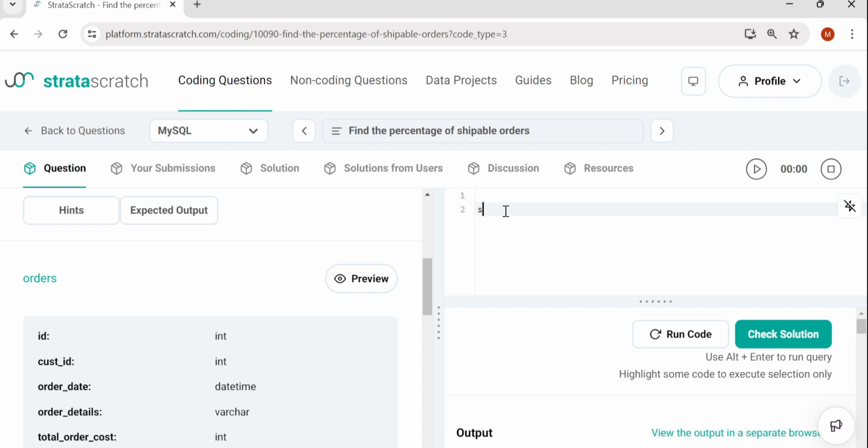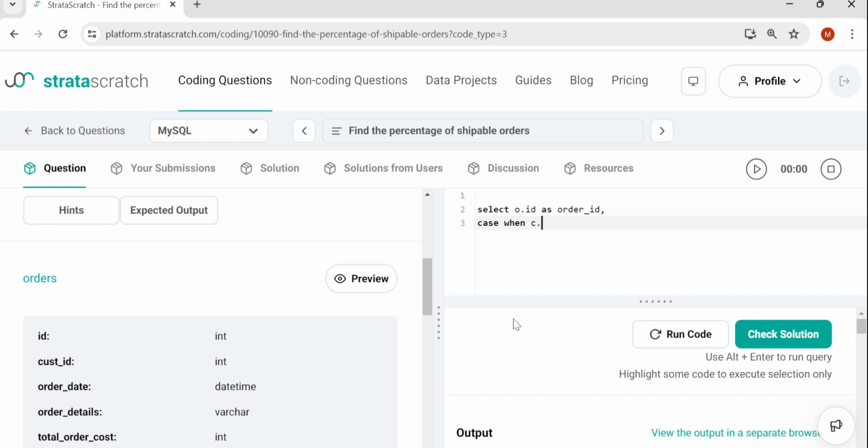Now let's see. Select, you have to return the order ID. I'm assigning the orders table as O, so you return O.order_id as order ID, comma, case when, and we have to consider the customer address.